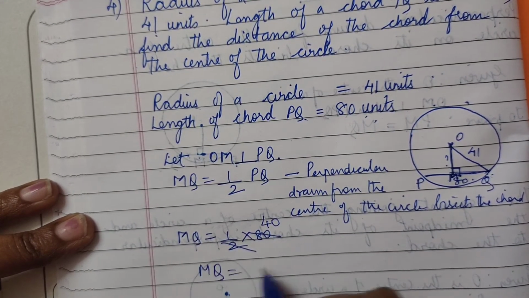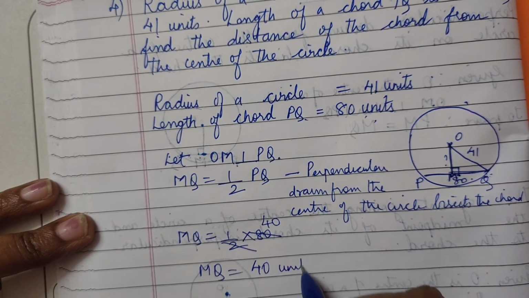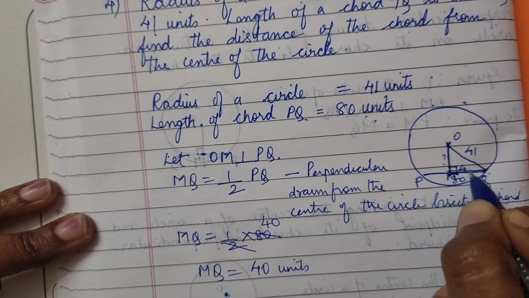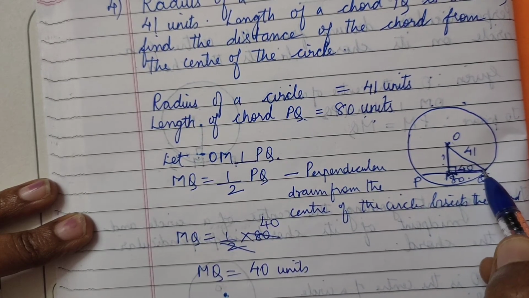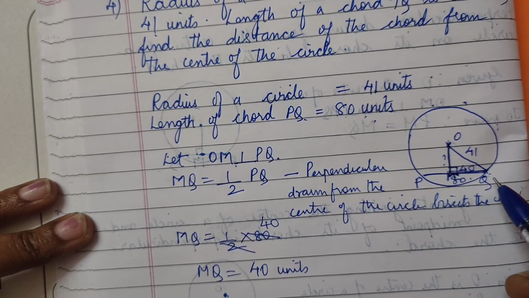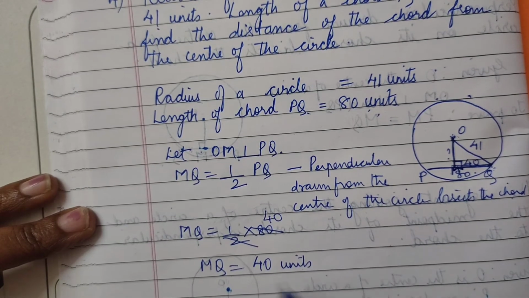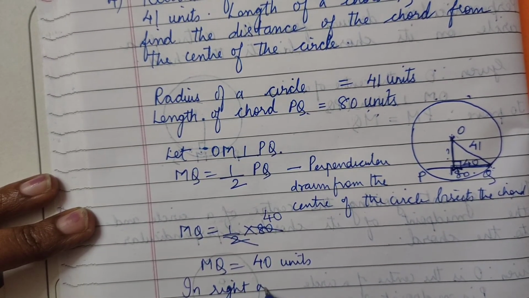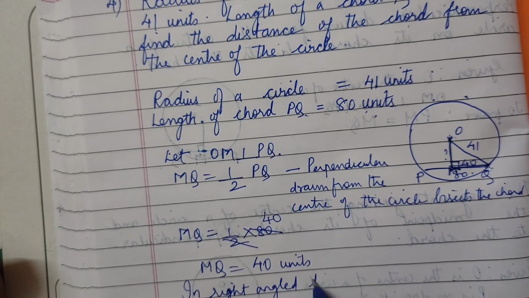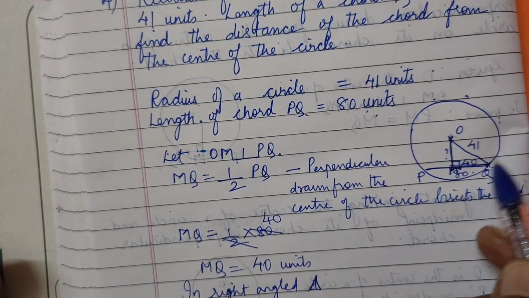MQ is 40 units. So did we get this part? Yes, we got this as 40. Now we have a base and we have a hypotenuse. Can we find the height here? Yes. So by Pythagoras theorem, in right angled triangle, what is the name of the triangle? Can you tell me? Right angled triangle name is OMQ.